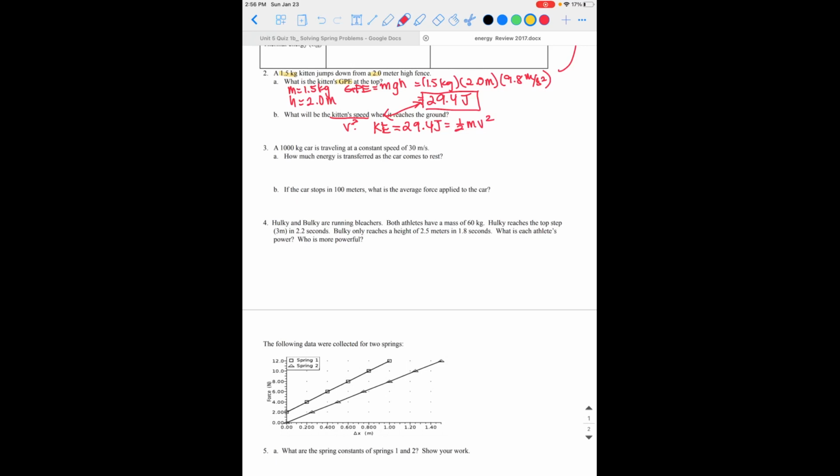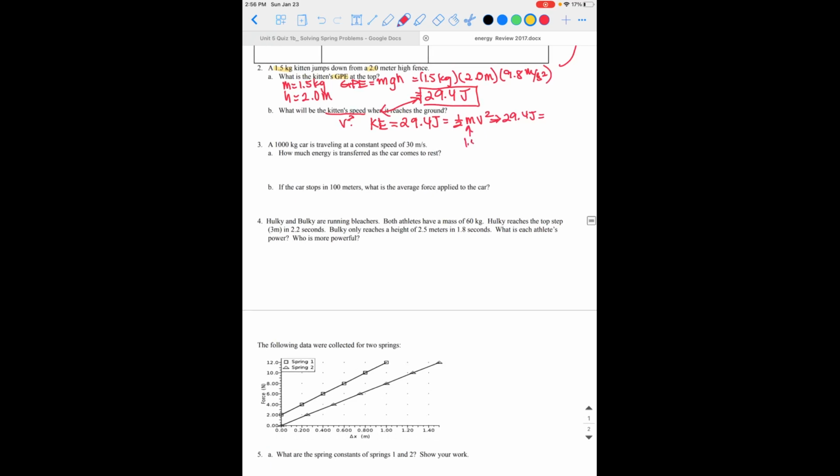we should be able to solve for velocity. So here I have 29.4 joules is equal to half of 1.5, 0.75 to be exact, 0.75 times velocity squared.